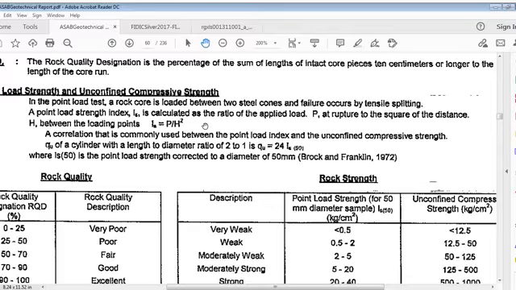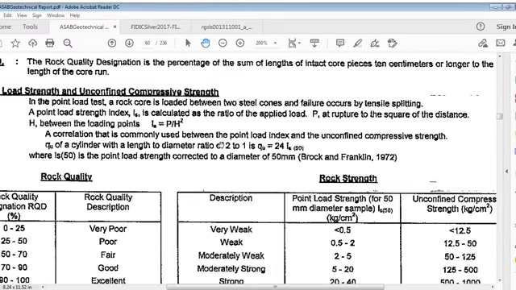Is is P over D squared, where P is the applied load and D is the distance between the two load points.